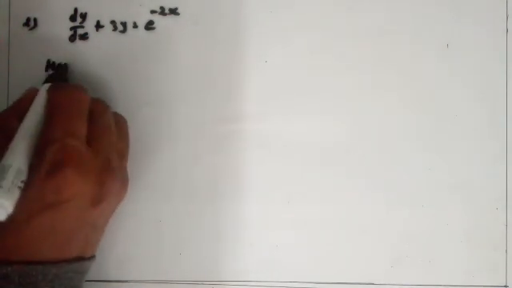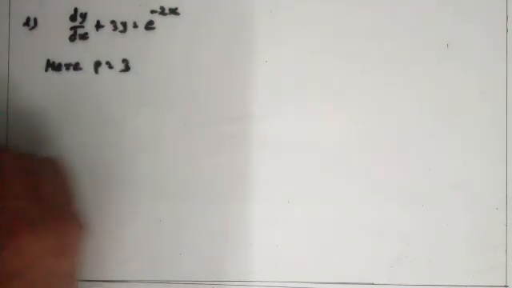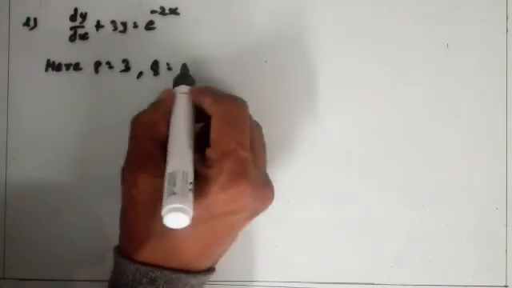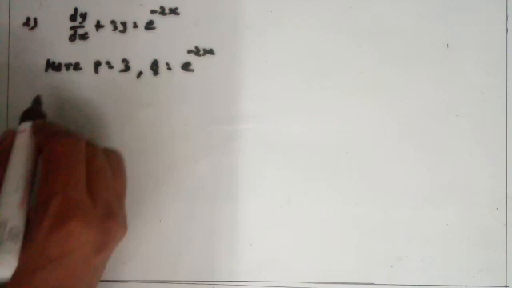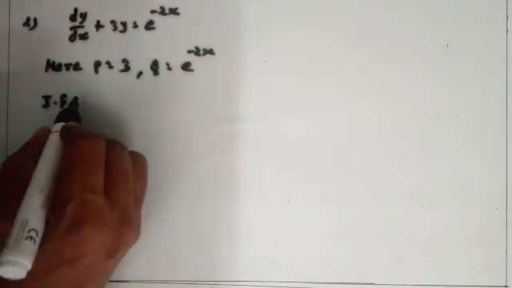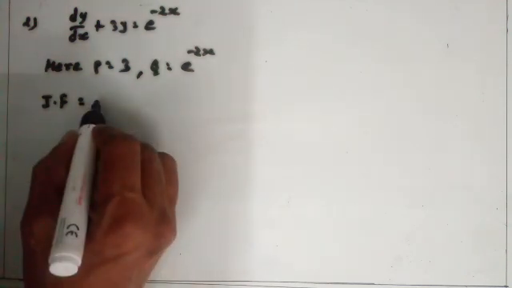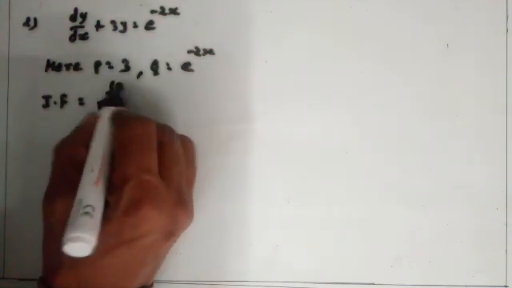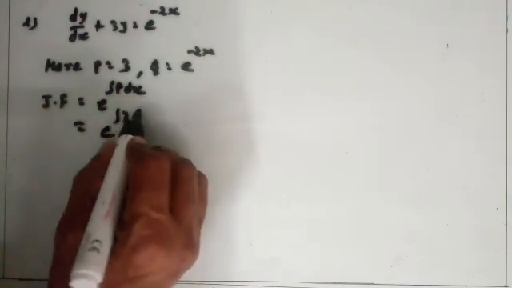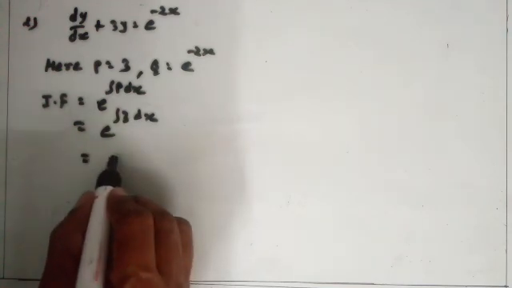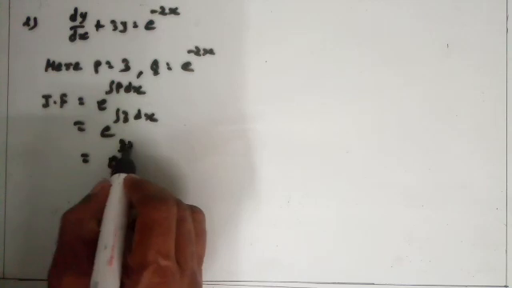Here p is equal to 3, a constant function, and q is equal to e raised to minus 2x, a function of x. So first find the integrating factor. IF is equal to e raised to integration p dx, which is e raised to integration 3 dx. So IF is equal to e raised to 3 into the integration of 1 with respect to x, which is x.